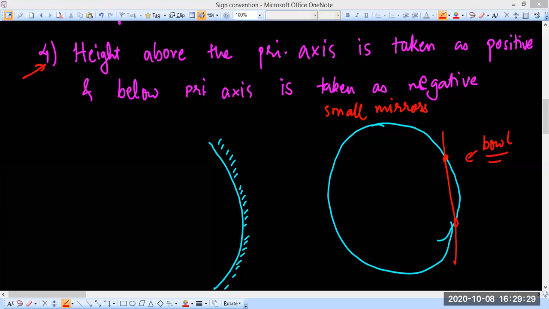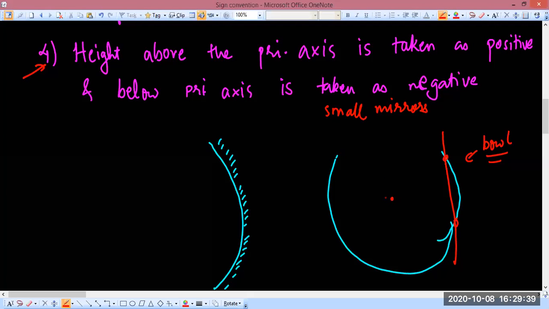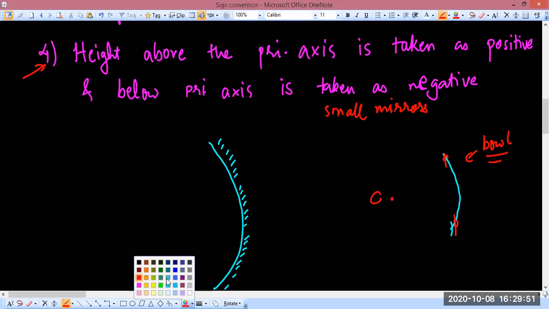So there is that sphere, then they cut it, then polish it, apply aluminium at the back. But I hope you realize that this sphere would have some center C. Everyone understands that much, right? This sphere would have some center C. So now this is the mirror, right?